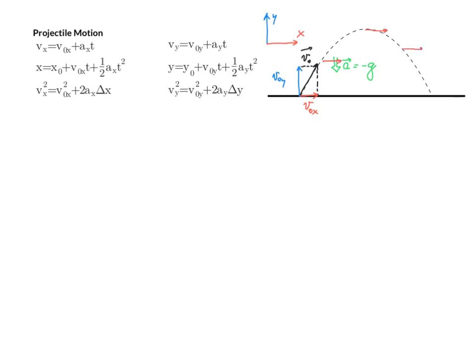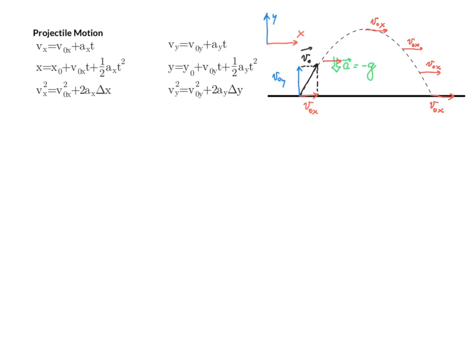So I'm going to draw this v naught x here, and I can say that everywhere along this motion I have velocity in the x direction v naught x. It doesn't change because there's no acceleration acting on it.